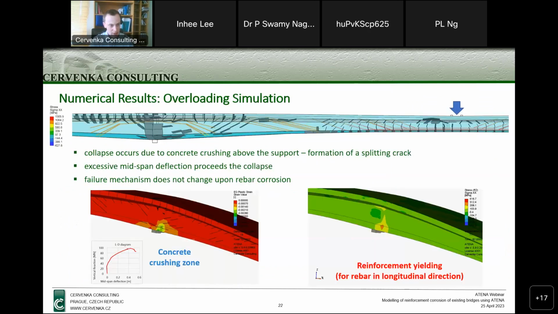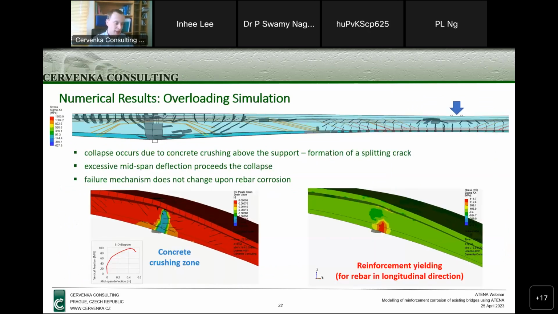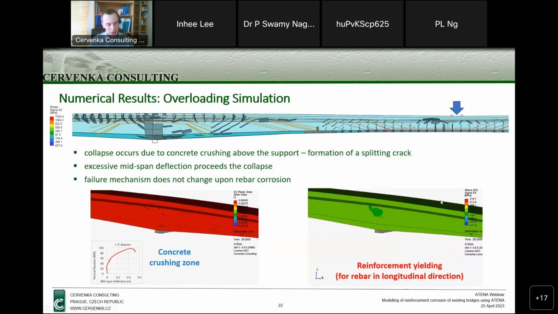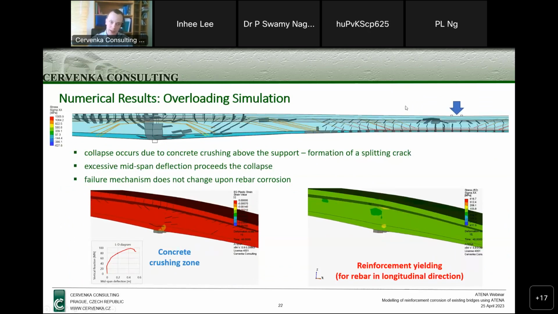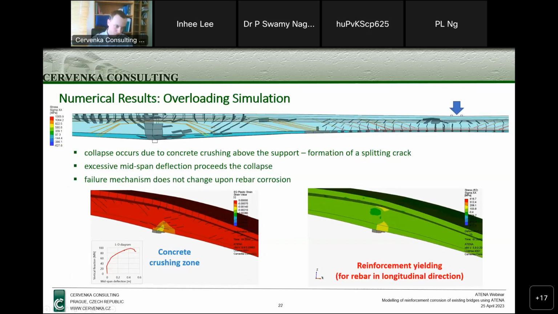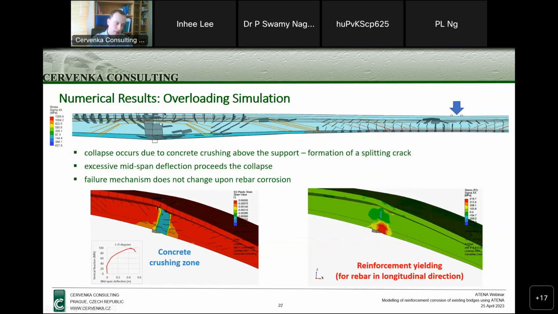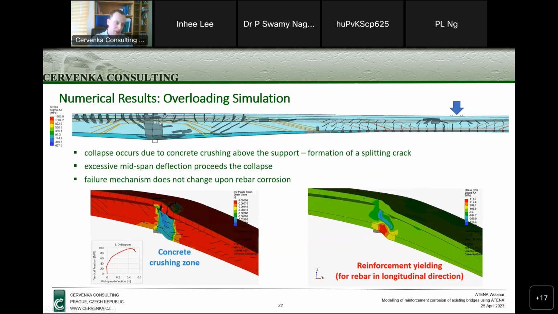And here, as I was explaining, this summarizes the failure mechanism at the peak load. If we increase the load in here, it is somehow transferred by the cables above this support and ends up in this deviator.